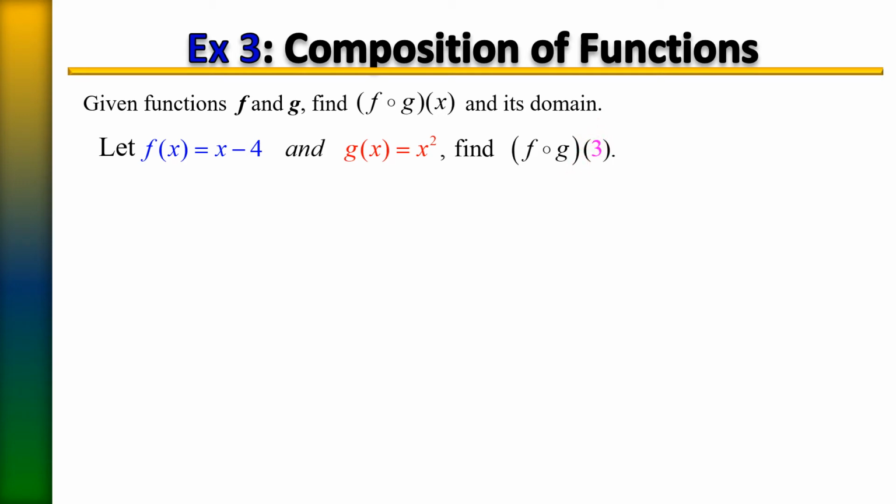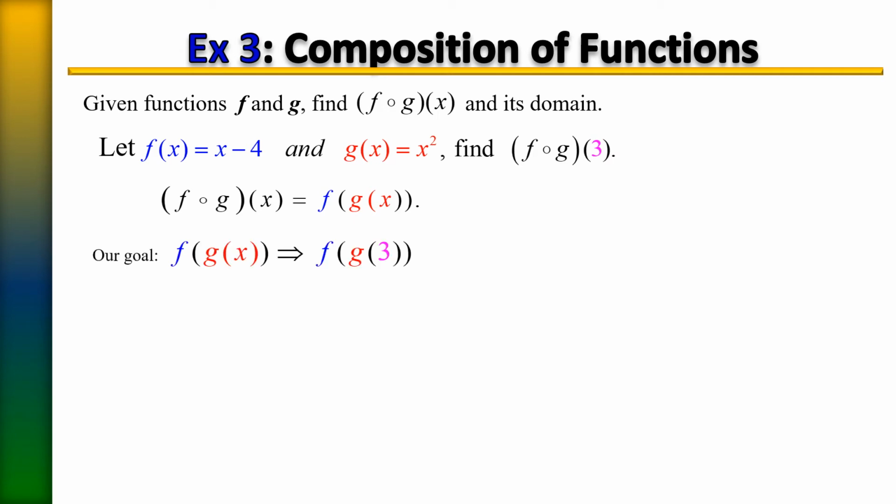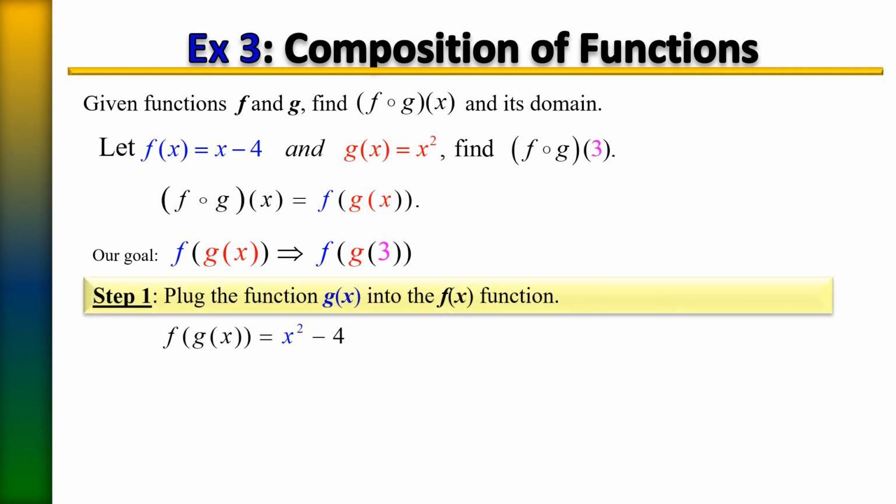Now we can do that all in one. Just take g and plug it inside f, and then in that x's place replace it with a 3. Again, taking g of x and plugging it inside of f of x and then evaluating it for 3.